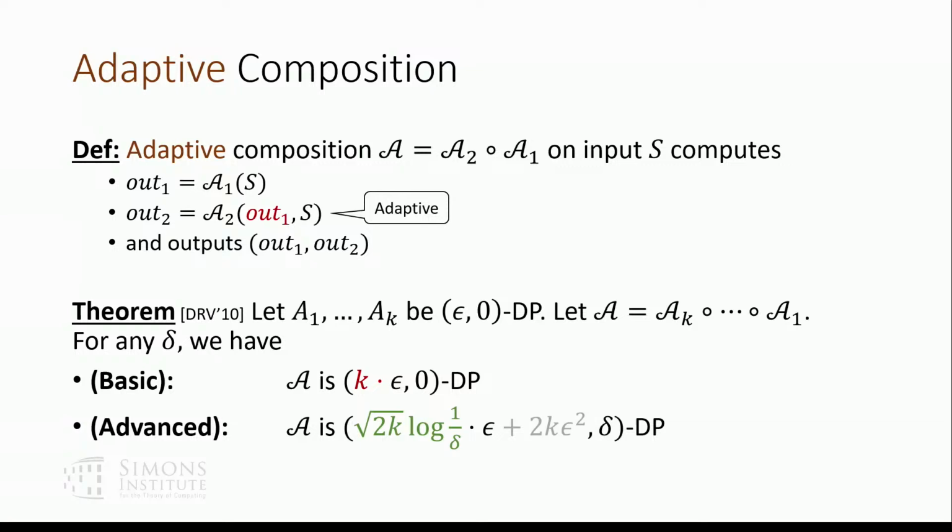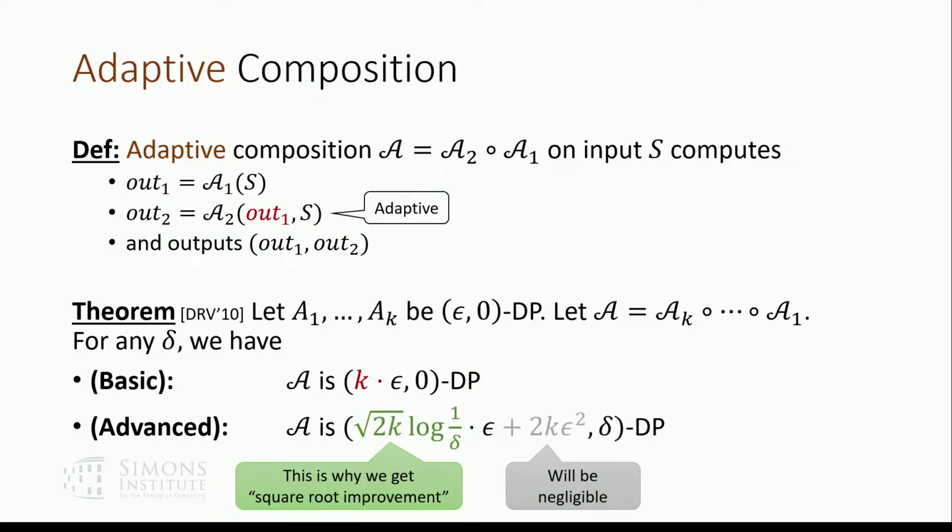Yes, the loss in privacy from epsilon_0 would be something like square root k times epsilon_0, plus a term that is going to be negligible because you get epsilon squared there. The reason why we have this square root k is going to be the reason why we get the square root improvement, and epsilon here will be chosen such that this term is negligible.